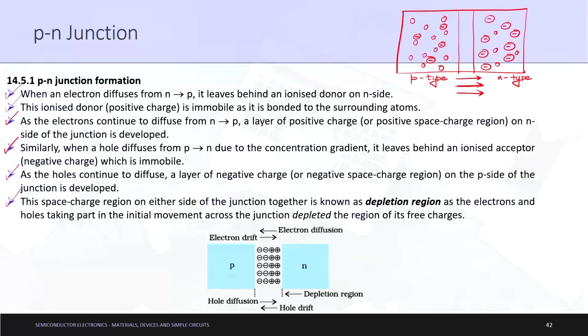Because of this difference in the concentration of electrons and holes on both sides, there is a gradient, and because of this gradient two different processes happen in the p-n junction. The first was diffusion, due to the concentration gradient, which led to a depletion region, and because of this depletion region an electric field was generated, and due to this electric field the electrons and holes were moved again, and this current produced was nothing but your drift current.